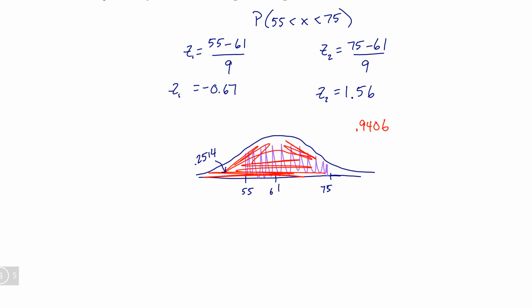So to find the area that's shaded in purple, we will take 0.9406 and subtract 0.2514. This gives us 0.6892. So the probability of a runner having a finishing time between 55 and 75 minutes, or the probability that an X is between 55 and 75, is 0.6892.